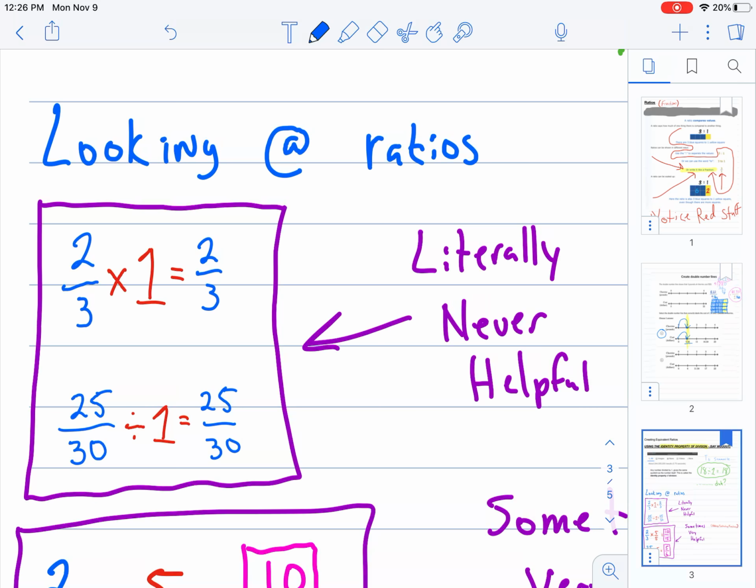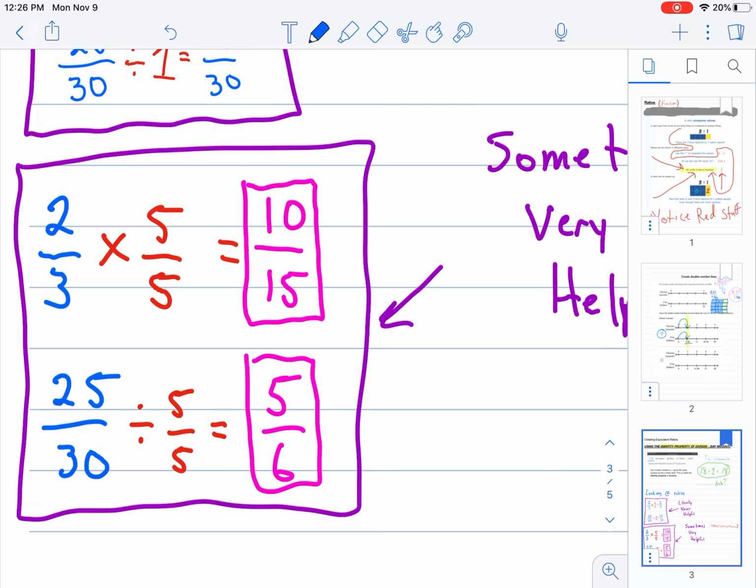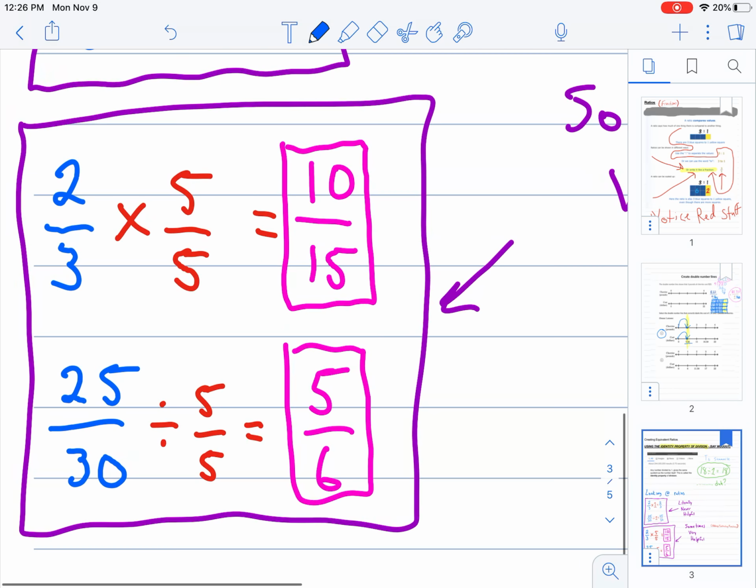But you can do the exact same thing and make it look like this. And now you can tell that 2 compared to 3, 25 compared to 30. This guy is the same 2/3 as 10/15s. And you know that because of this right here. You are scaling it up.